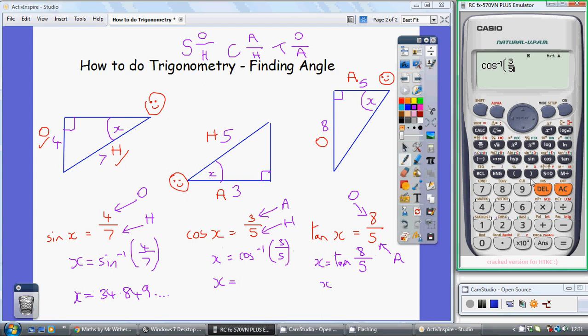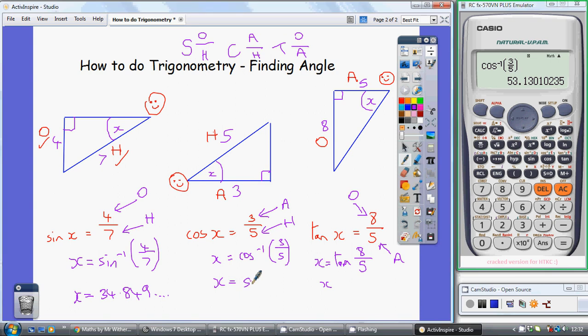Let's do that again: shift cos, and then 3 over 5, move across before I close the bracket. And that gives me 53.130 dot dot dot.